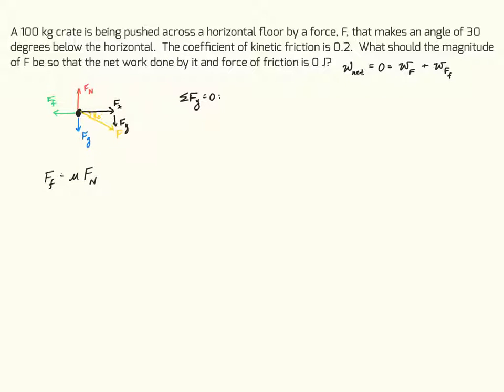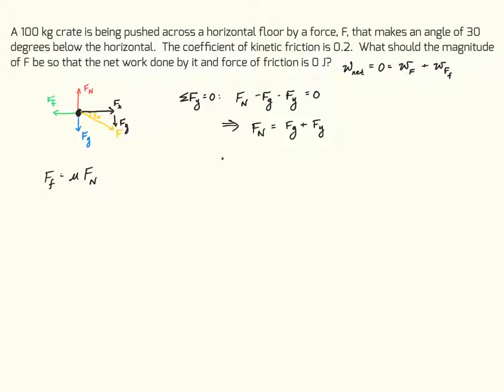So what do we have here? We have our normal force, and it's directed upwards, so it's positive. We have force of gravity, and then we also have this y component of that force applied, and that's also directed downward. So if we rearrange that, we're going to get our normal force is equal to Fg plus Fy.